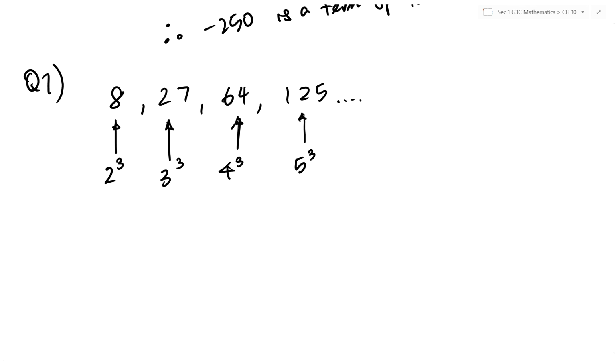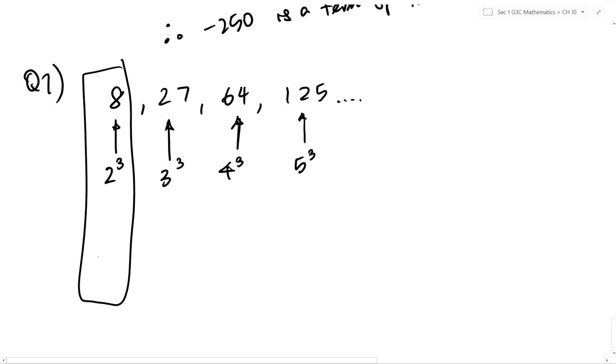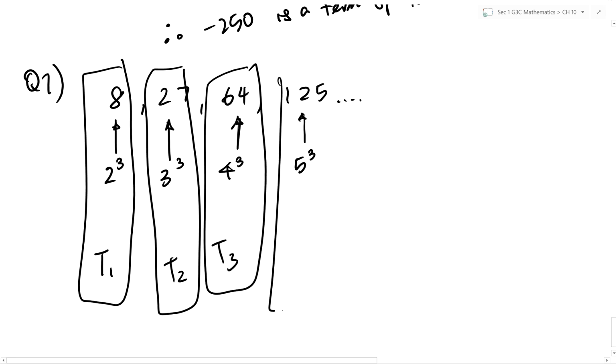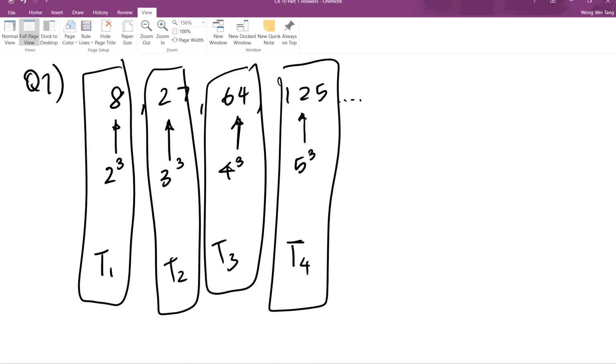Question, which is term number 1 over here? 8. 8 is our term number 1. This is the first term of the sequence. This is term number 2. Term number 3. Term number 4. Okay? The numbers that I'm going to be highlighting are crucial.